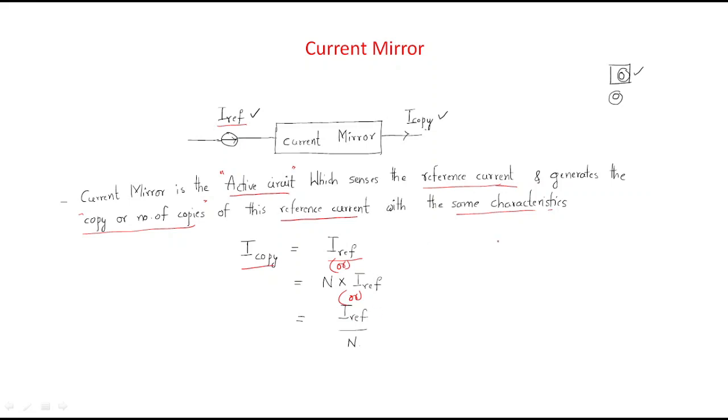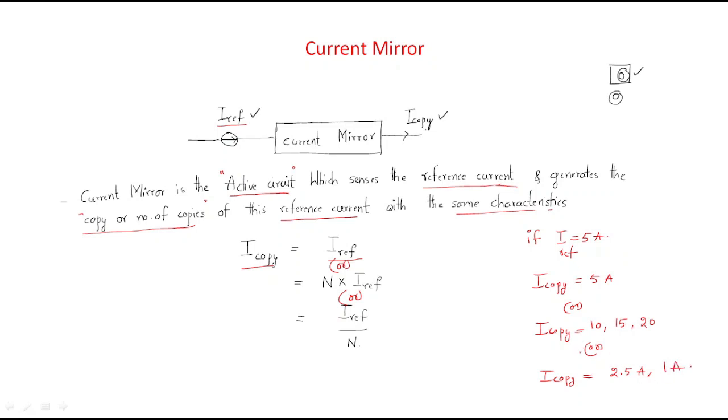That means, for example, if the reference current is 5 amps, the copy current generated may be 5 amps, or the copy current may be 10 amps or multiples, that means 15 amps or 20 amps, or otherwise the copy current may be 2.5 or 1 amp, like that.